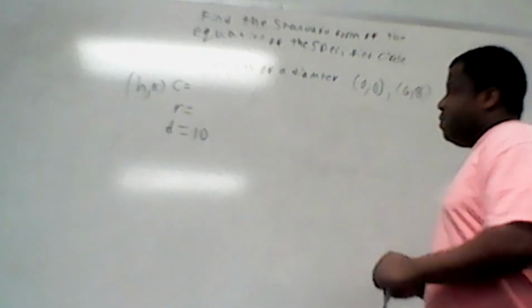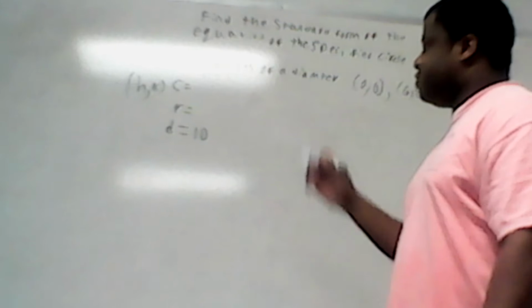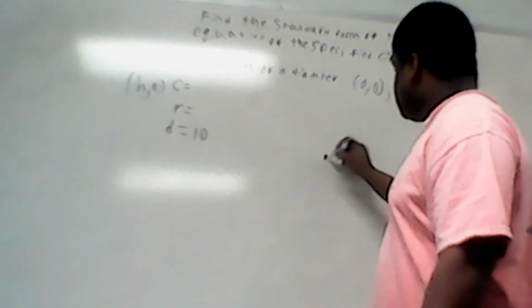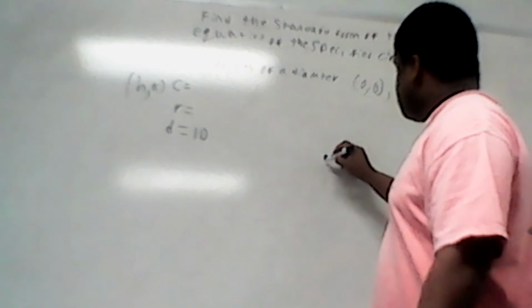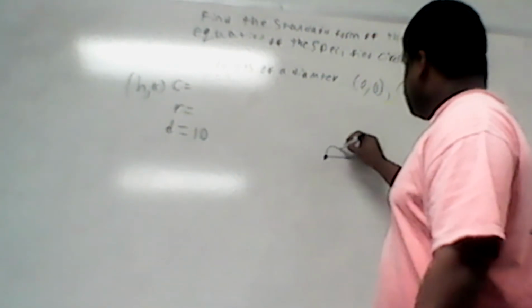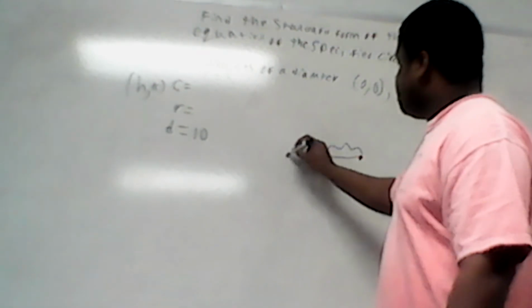Okay, now that I know that my diameter is 10, the next thing I need to do is find out my radius. So remember, the radius, let's see here. Make a diameter here.